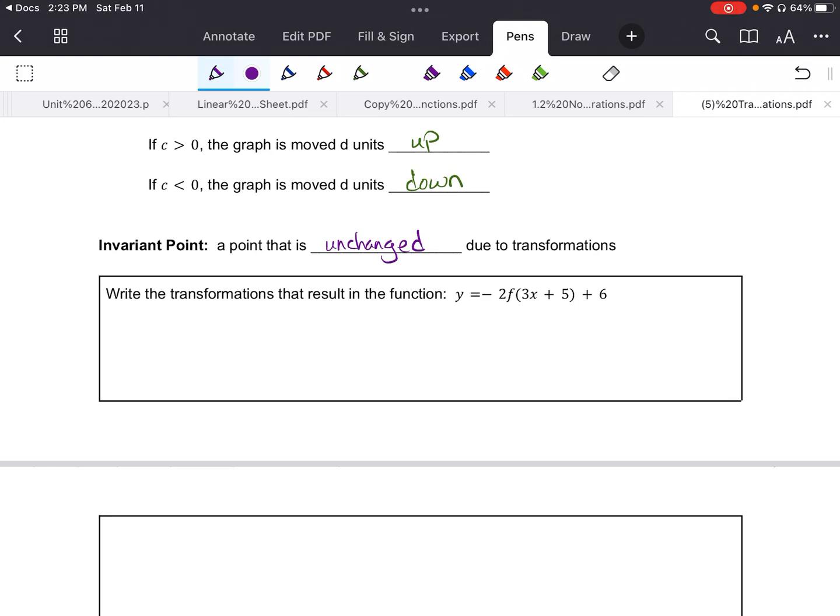Okay, looking at transformations. Write the transformation that results in the function y equals negative 2f bracket 3x plus 5, and then the c value of plus 6. Okay, so I'm going to just write our generic transformation formula.